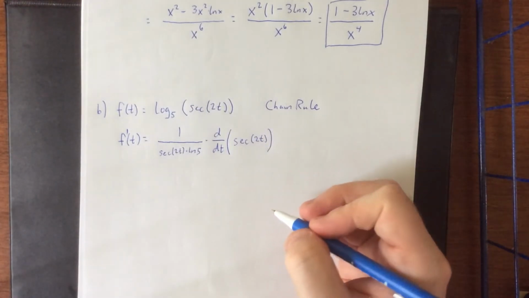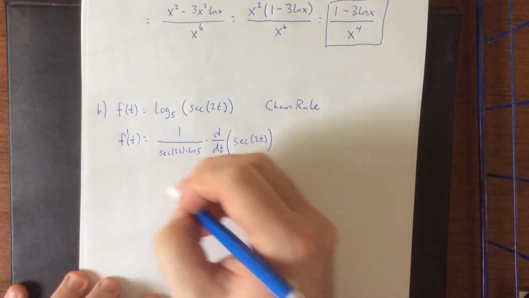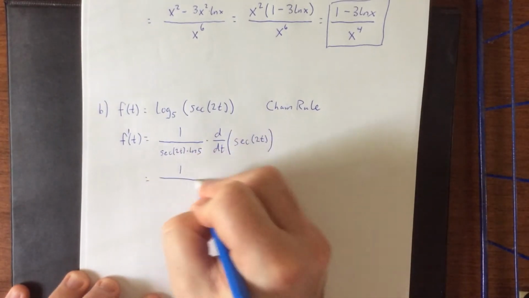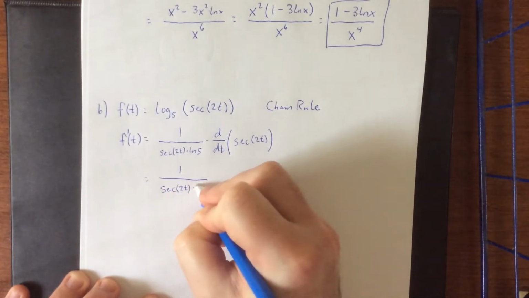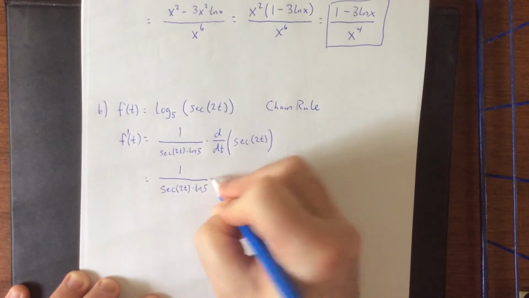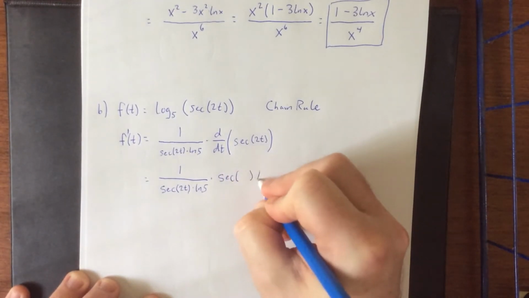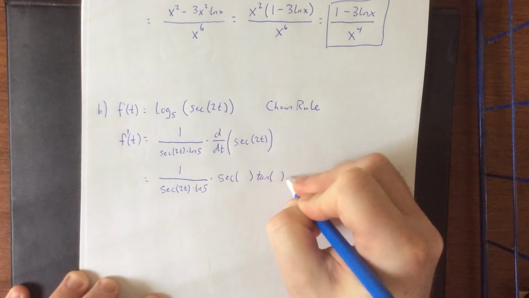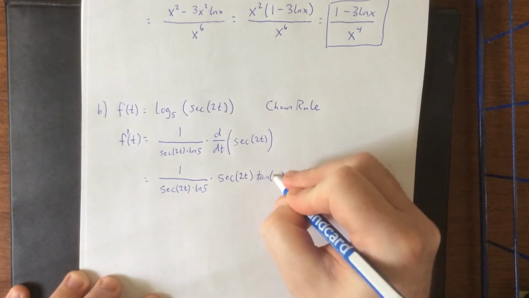This is where we're going to see the chain rule used once more. So the derivative of the secant function, first part stays the same, 1 over the secant of 2t times the natural log of 5. The derivative of the secant function is the secant function times the tangent function, and the input to those functions will be 2t.